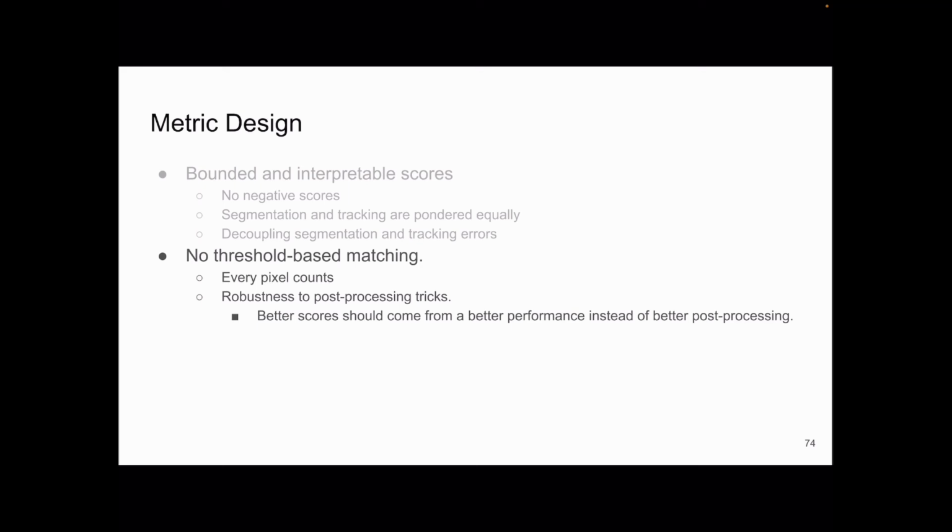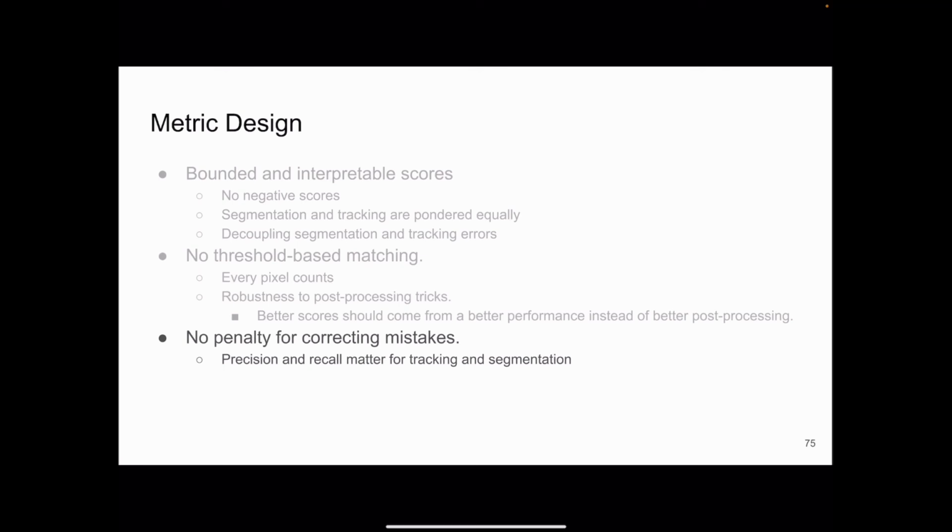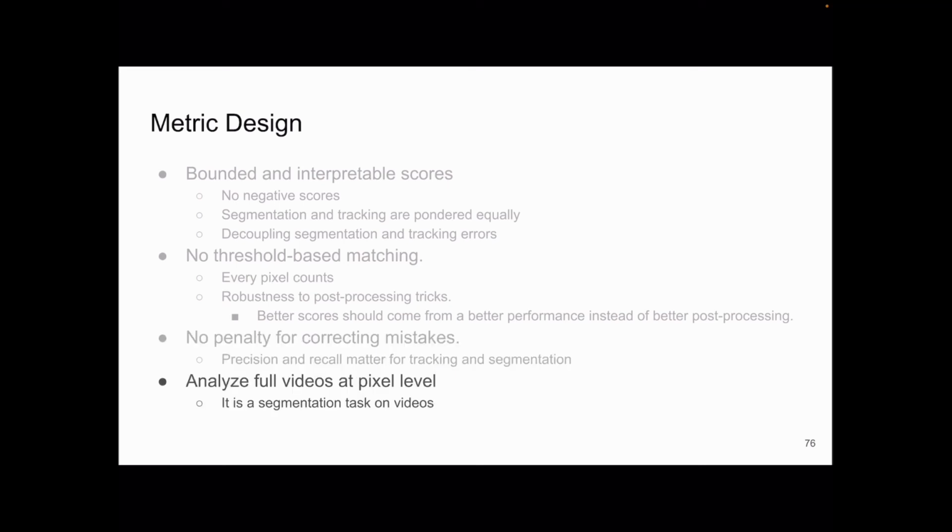Also, the metric should be robust to any post-processing tricks. The better scores should come from a better performance instead of better post-processing. No penalty for correcting mistakes. Both precision and recall matter for tracking and segmentation. We should analyze videos at the pixel level, since it is a segmentation task on videos.